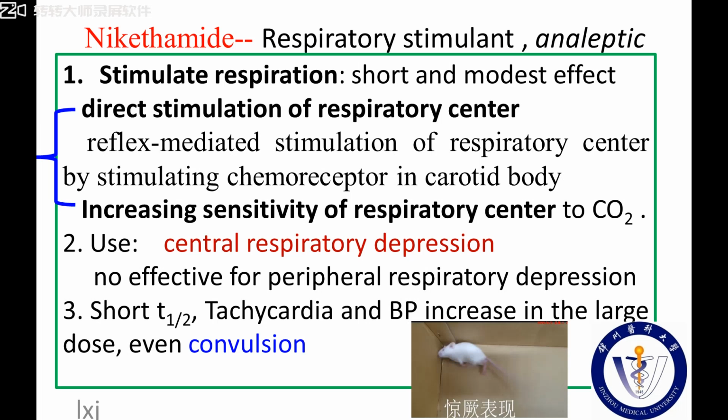The whole cerebral cortex is too excited, so every piece of skeletal muscle in the body will over-contract.